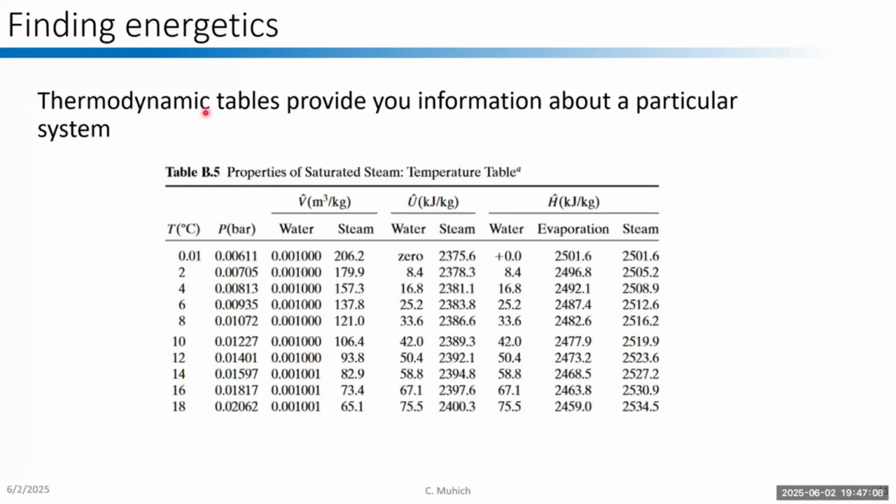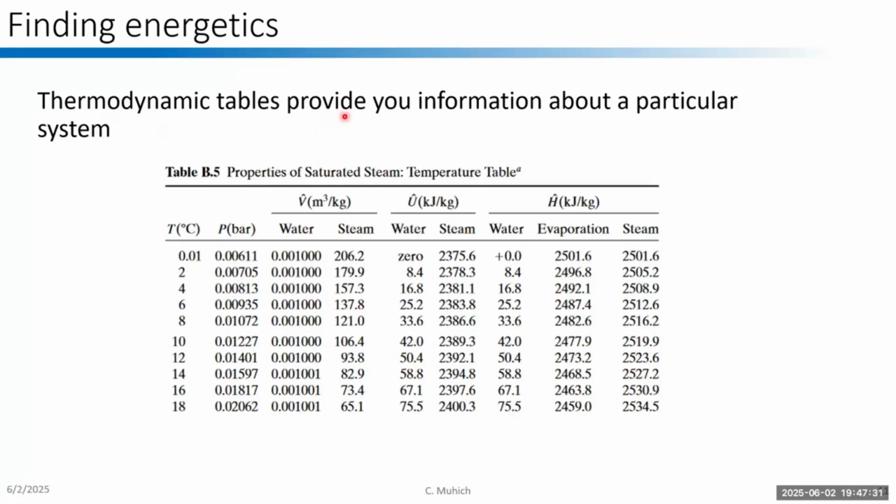All right, so oftentimes what we're going to see in thermodynamics and mass and heat transfer, etc., is we need to find out what the energies of materials are. And we often get these from thermodynamic tables.